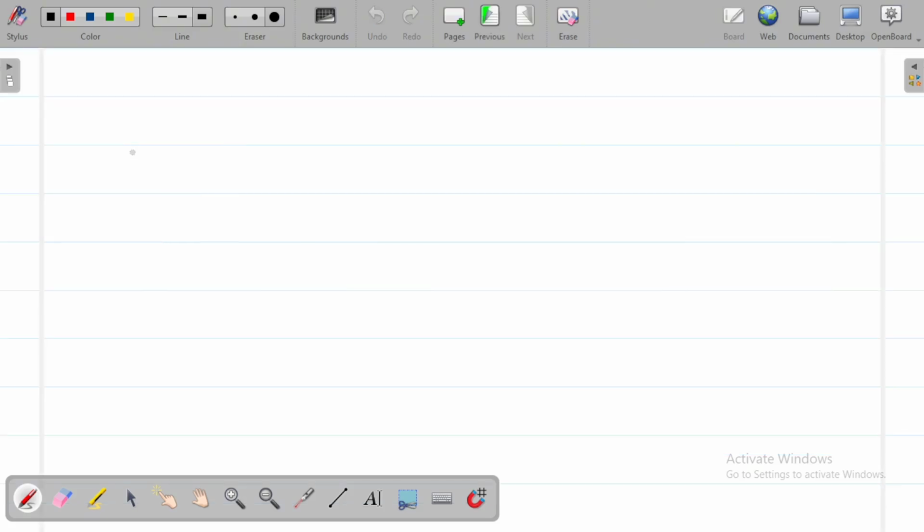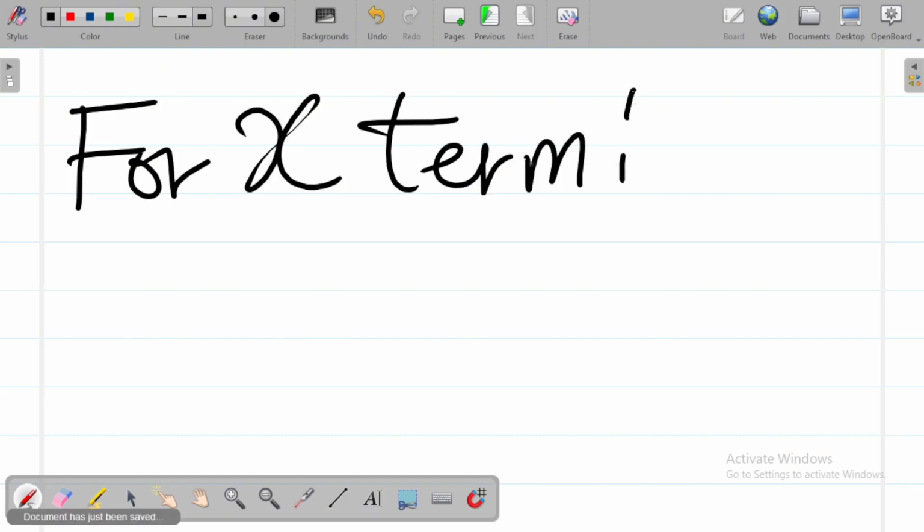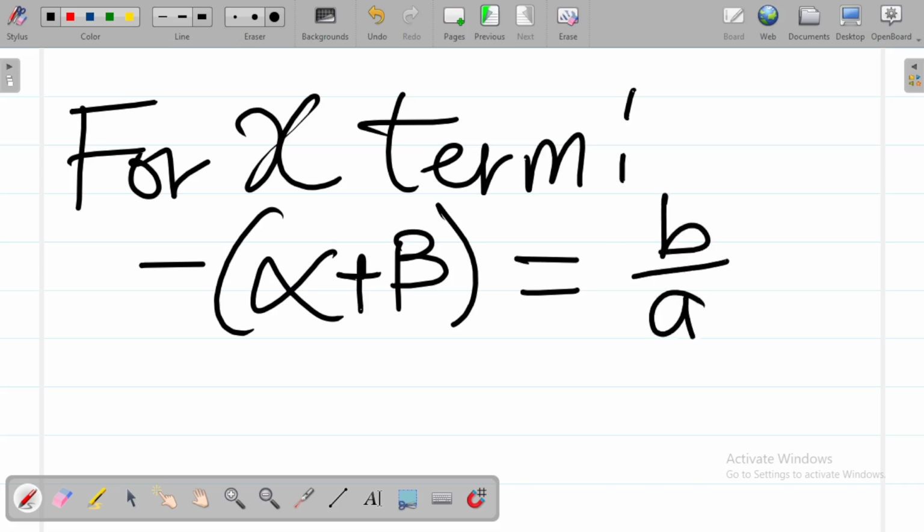Now let's compare the coefficients of equation 2 and equation 3. For x, if you compare the coefficient of equation 2 and equation 3 for x, you will have minus (alpha plus beta) is equal to b all over a.